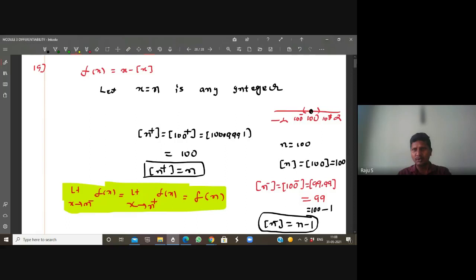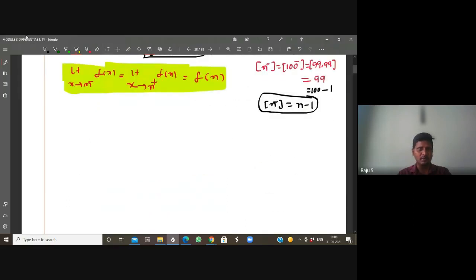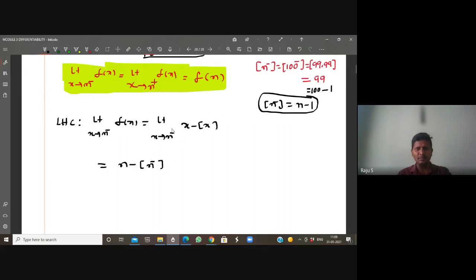Fine. So first I am going to find them one by one. I want to find the left hand continuity, LHC, that is the limit as x tends to n minus of f of x. What is f of x? It is x minus the greatest integer of x. Now substitute n in place of x. So x simply becomes n minus, and what does n minus mean for the greatest integer? Not n alone, it is n minus 1.